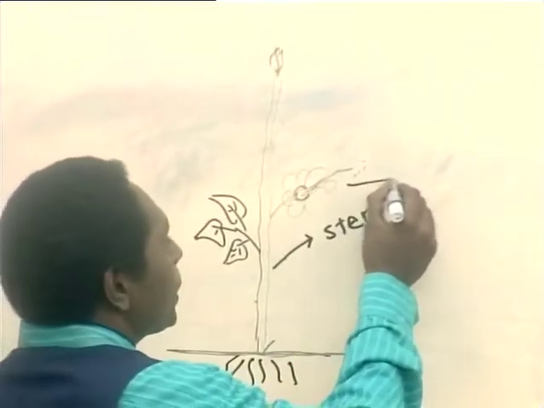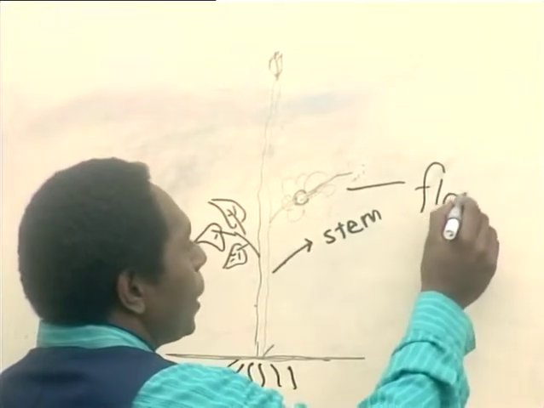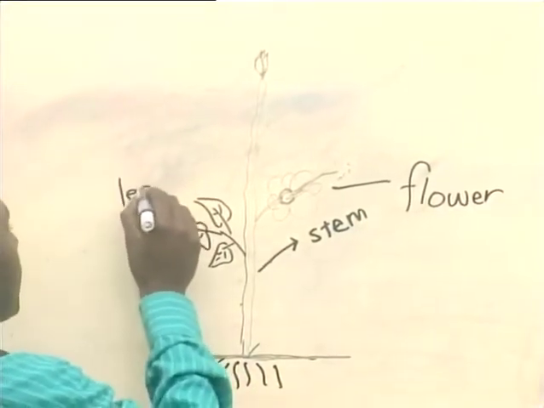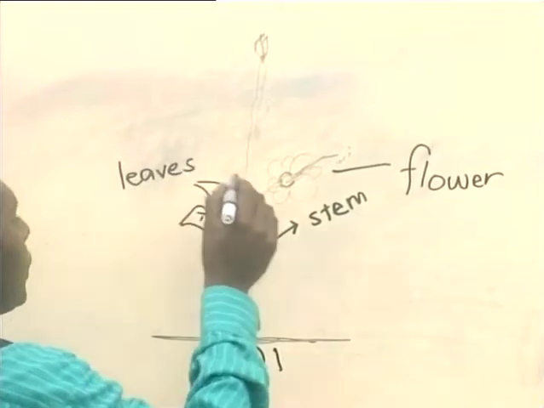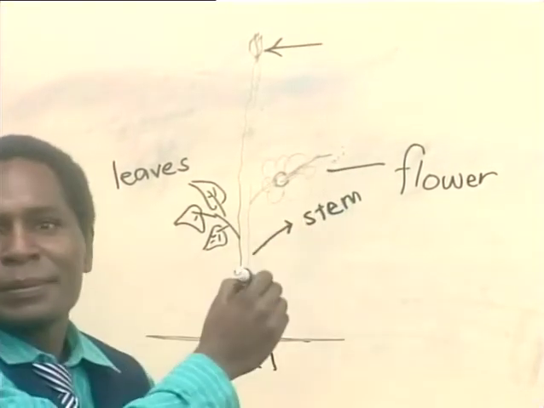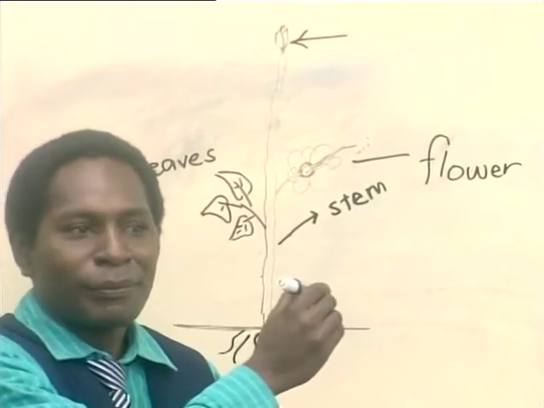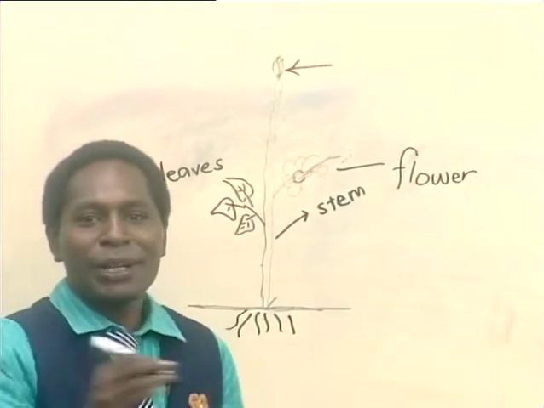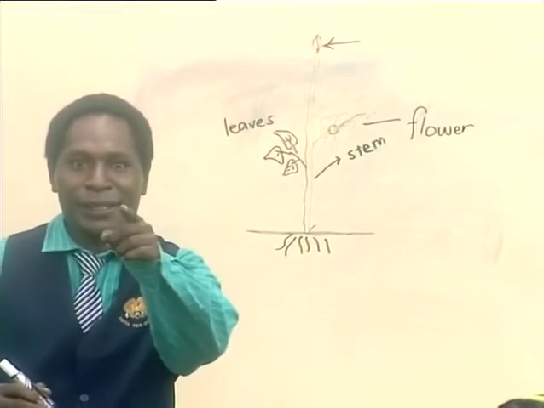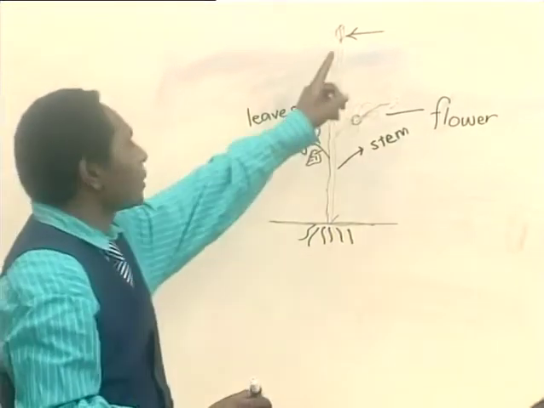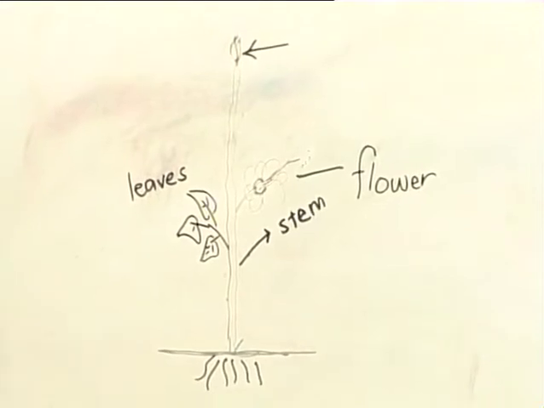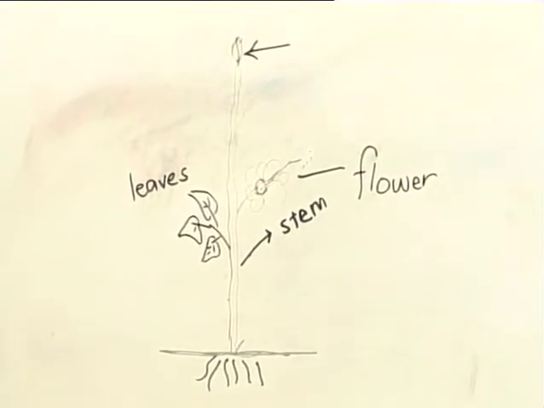And this, of course, is the flower, the leaves. What do you think this is? Class, receiving students, what do you think this part is? Jason.